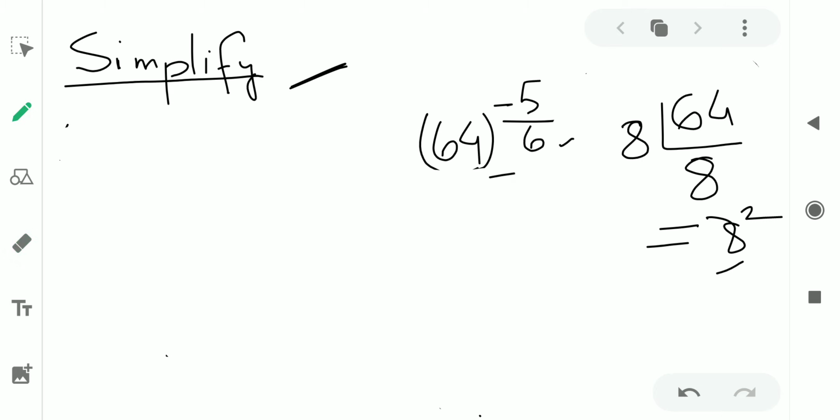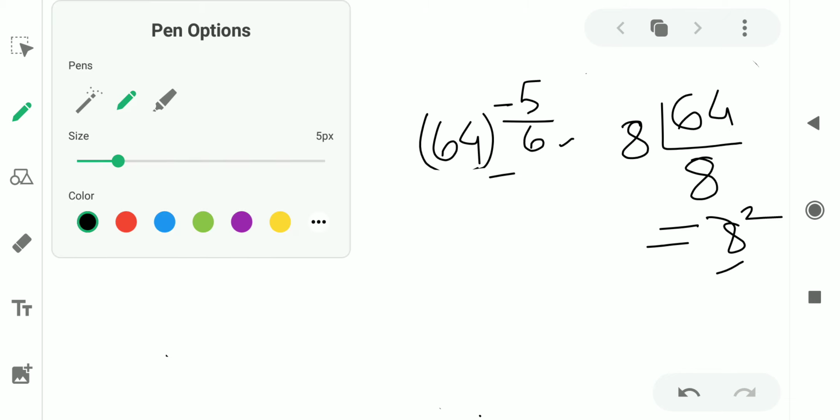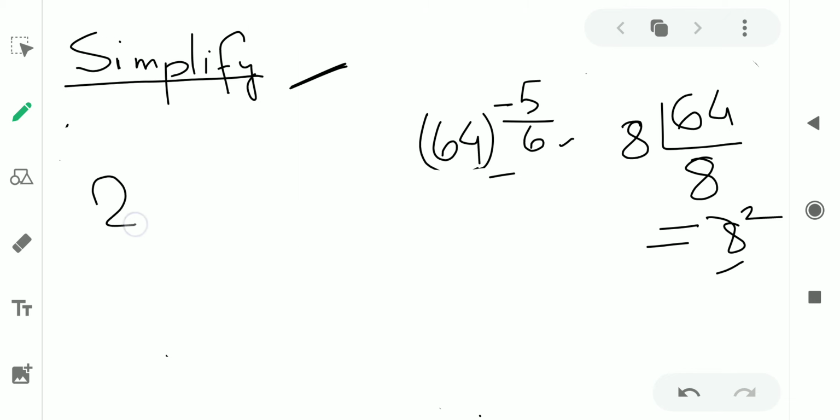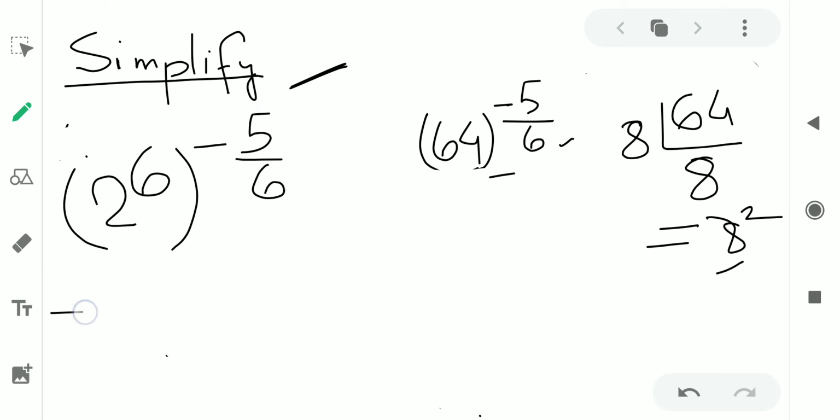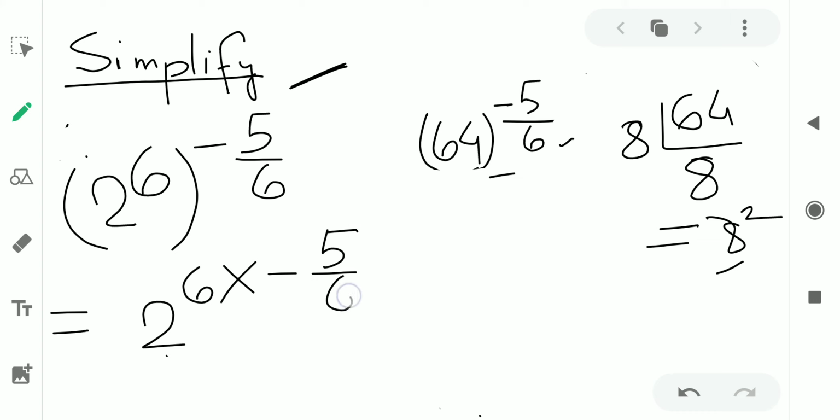In place of 64, I can write 2 to the power 6, and the whole to the power minus 5 by 6. Now again use the same formula: it will be 2 to the power 6 into the next power minus 5 by 6. Now the 6 will cancel out, so it will be 2 to the power minus 5.